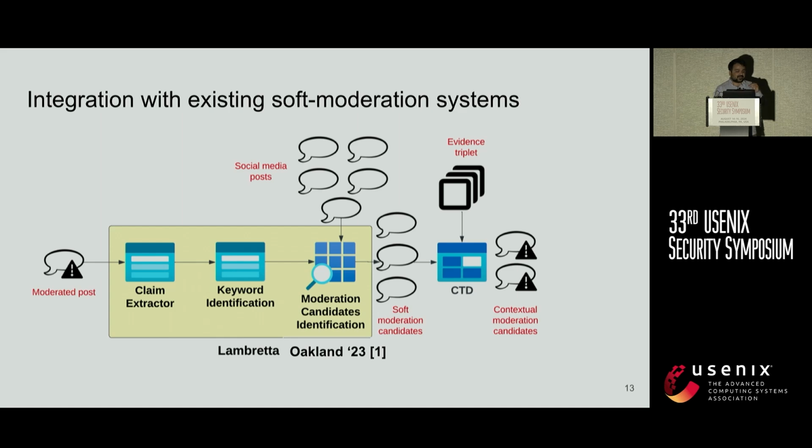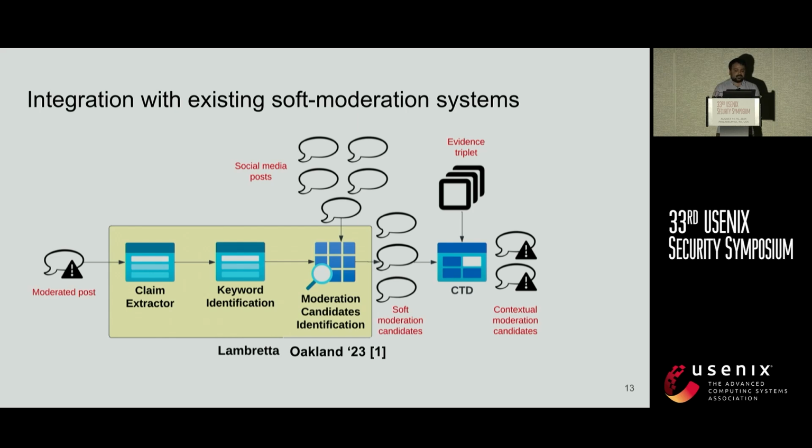So now coming back to the original problem motivation, where our goal is to enable contextual soft moderation on social media platforms. We tested how the integration with an existing soft moderation system looks. This is the envisioned pipeline. We start from a post that a social media platform already deems to be misleading, and from that we first extract claims contained in the post.